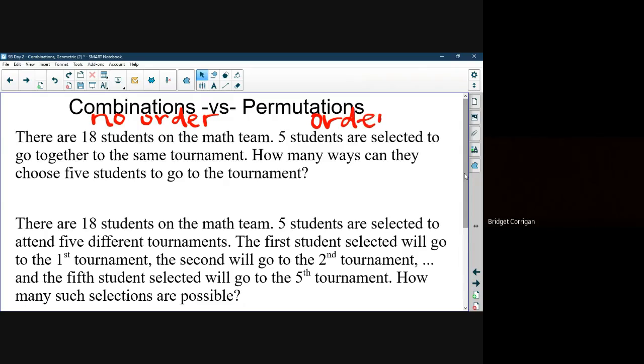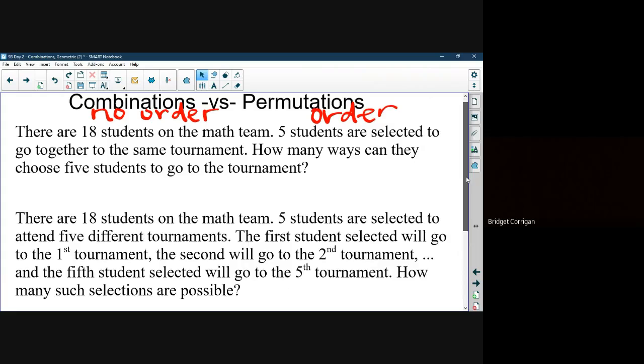So anytime you see the word arrange, or pick first, second, then third, or gold, silver, bronze, or president, vice president, secretary, it's a specific order that they're chosen. Combinations is just selecting a group or picking a certain number out of a group. Doesn't matter what order you select them in.